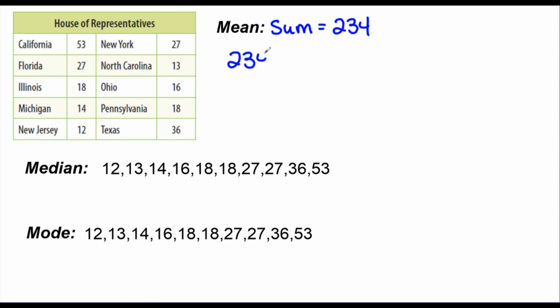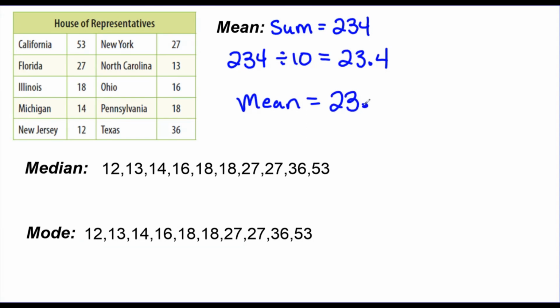So I take 234 divided by 10, which is 23.4. So our mean, or the average number of representatives per state, is 23.4. Now you might be thinking, well, how can you have 0.4 representatives or a partial representative? But usually with averages and things like that, it's okay to have decimal values.